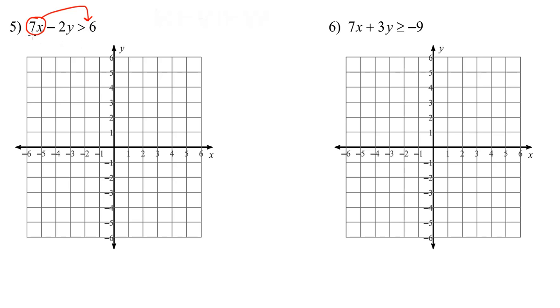And remember, whenever you move something from one side of an equation or inequality to the other side, you have to change the sign. But nothing else changes signs. So this is going to become negative 2y is greater than positive 7x is going to become negative 7x, and this is still a positive 6. Let me go ahead and copy this down over here where we have room to work.